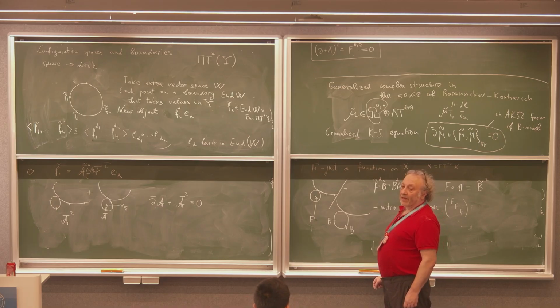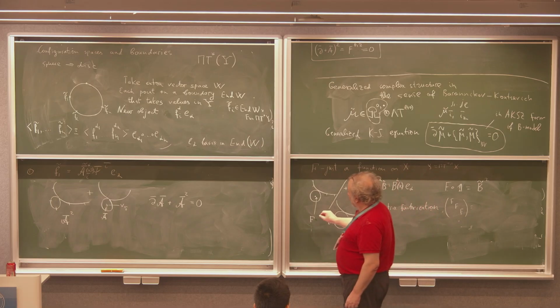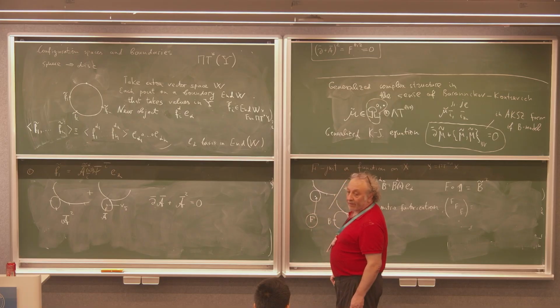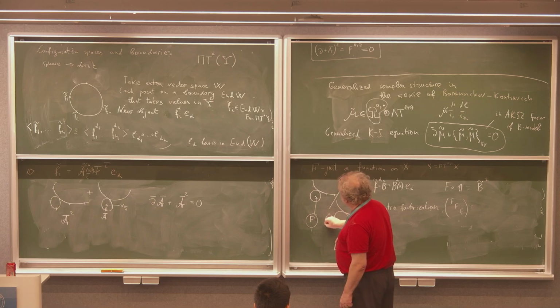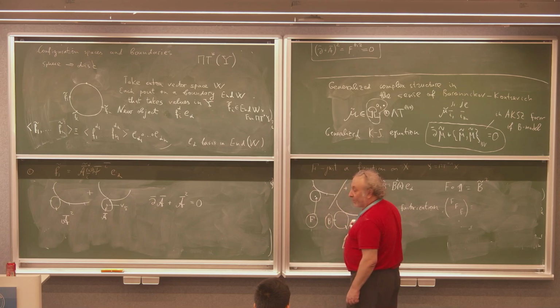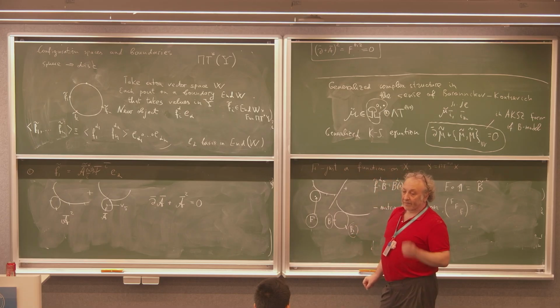It means that when I'm making a deformation with the help of F, I should simultaneously make a deformation with the help of B to cancel the boundary term.